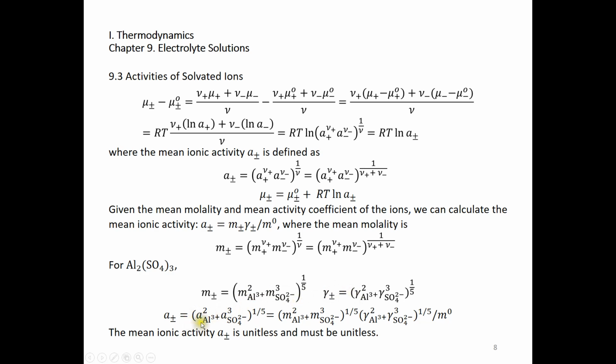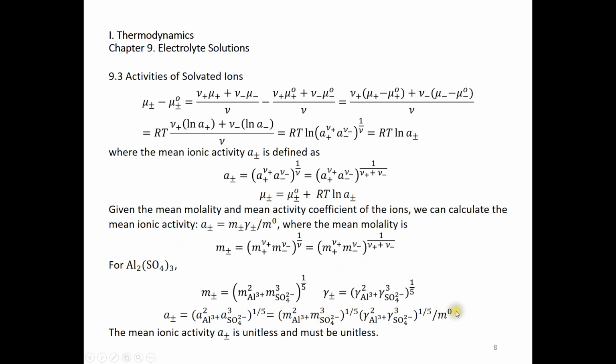So each A is mostly just m times gamma, and divided by m naught is to remove the unit in the molality. That's 1, and 2, we're using m naught as the hypothetical standard state right here. We just compare all other concentrations with this standard state.